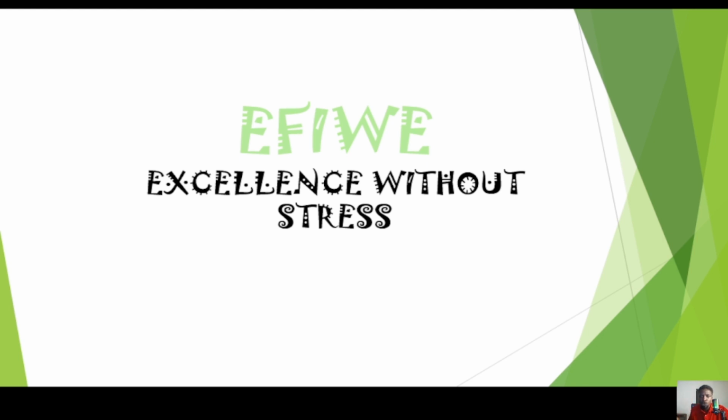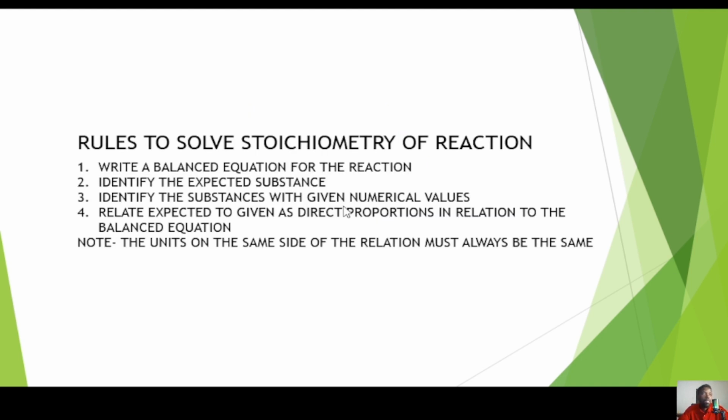The rules that we are going to be considering when we are dealing with our understanding of stoichiometry of reactions include the following. The very first rule is that we should write a balanced equation for the reaction. So anytime you are dealing with a stoichiometric process, number one thing you should do is to write an equation for that particular process.